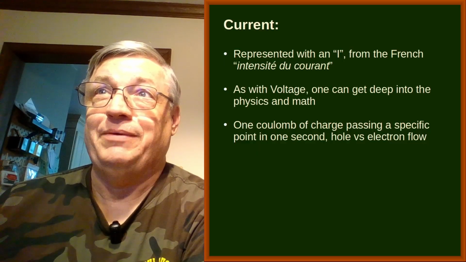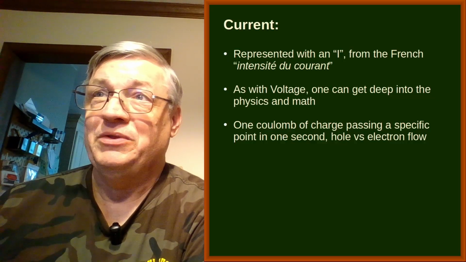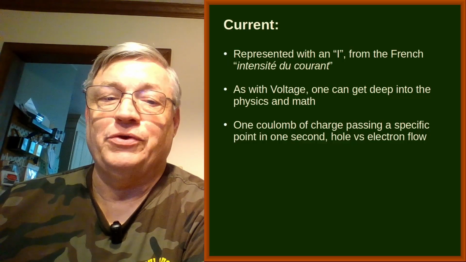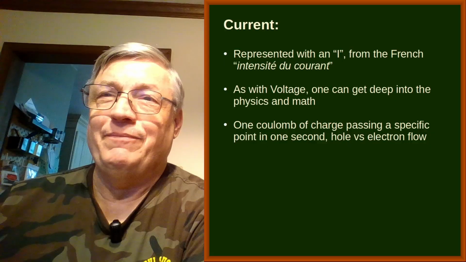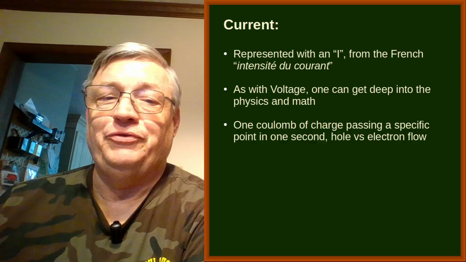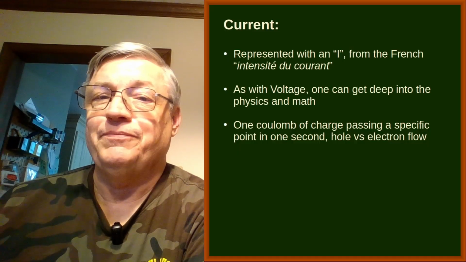So electrons jump from one atom to the next. The hole that was where the electron jumps into is now at the previous atom. So if we're talking hole flow, it's positive to negative is the flow of current. There are some places where this makes sense to use, but for the most part, we're going to be using electron flow. So current flows from negative to positive.